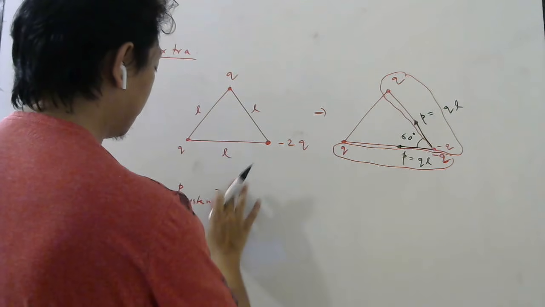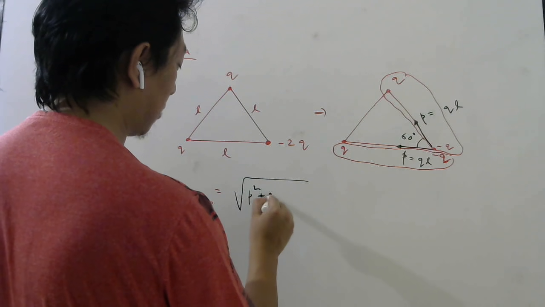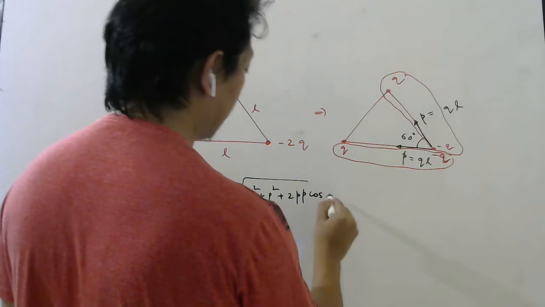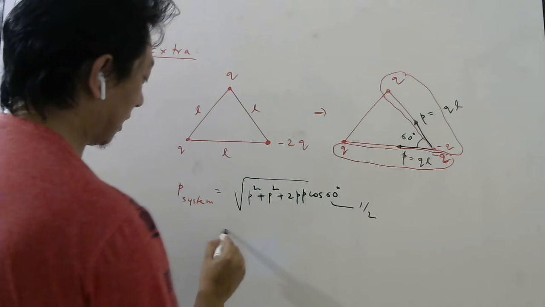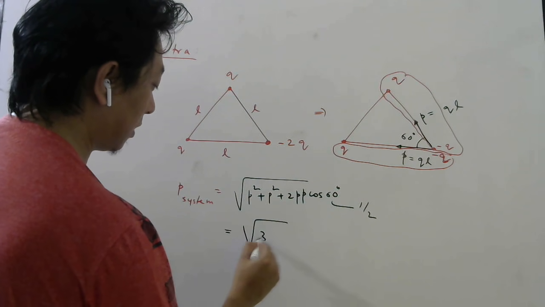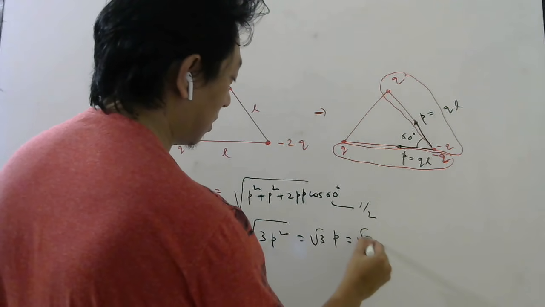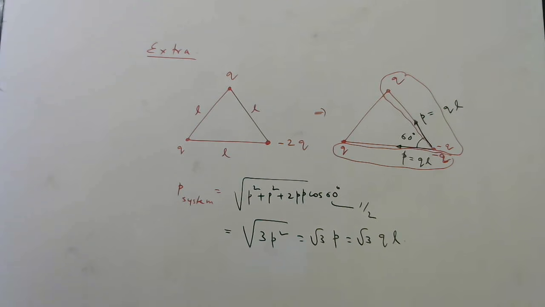That will be root over p square plus p square plus 2pp cos of the angle between them, 60. Cos 60 is half. This 2 and this 2 will cancel. So root of 3p square, which is root 3 p, which is root 3 q into L. So very easily we have done, right?